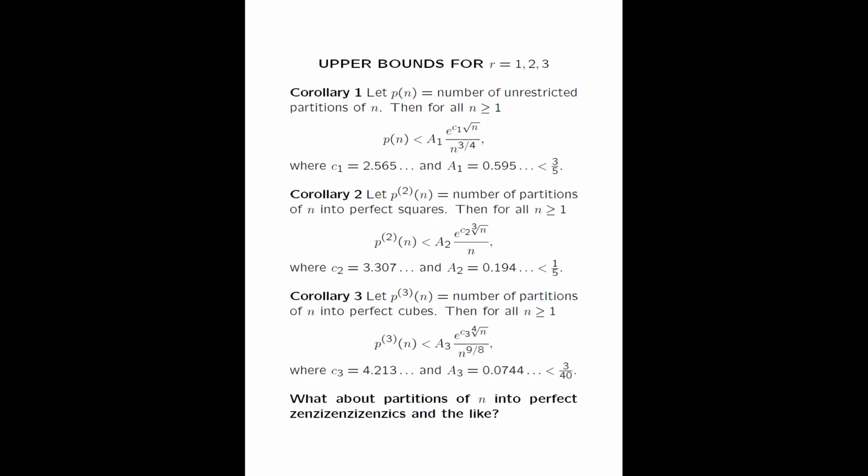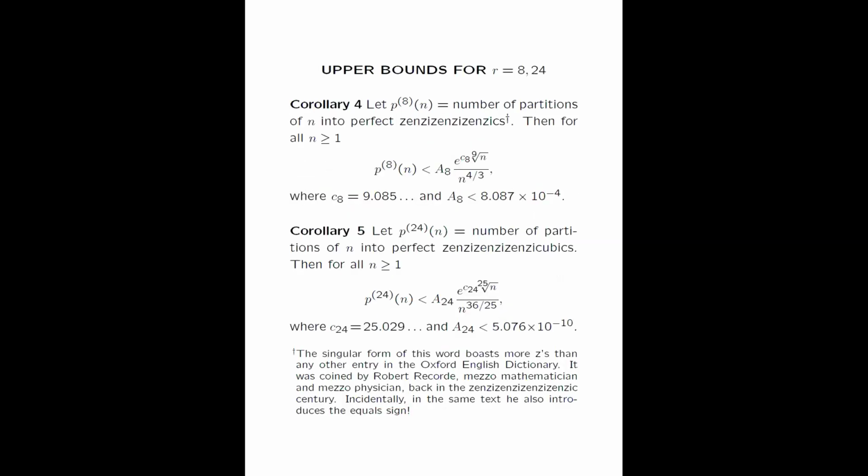Okay, now I know the burning question here that you've already read perhaps is, what about partitions of n into perfect zenzics, and the like? Well, let me tell you. Zenzic means perfect 8th powers, as everyone can tell you.